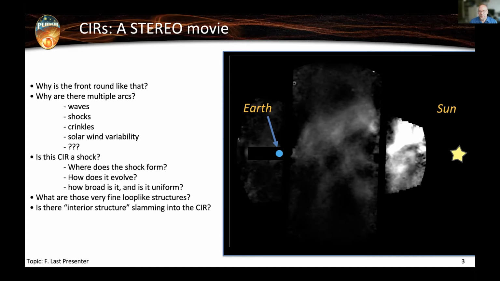It looks almost nothing like what we're seeing with these multiple puffs in the Enlil or in the artist conception from the 90s. It's much simpler, but why is that? These fronts are formed by pileup of fast material on slow material, so there's no particular reason why the front should have any particular shape.